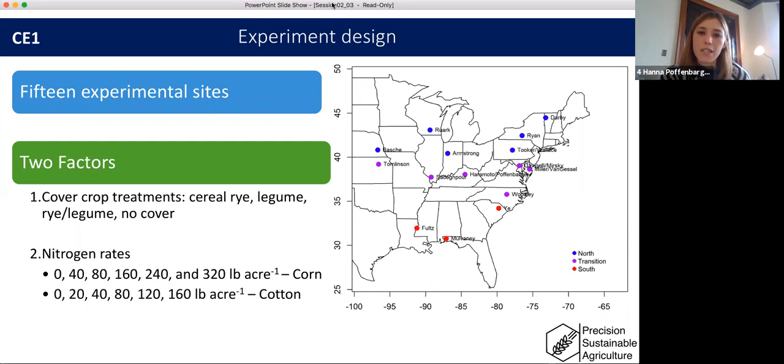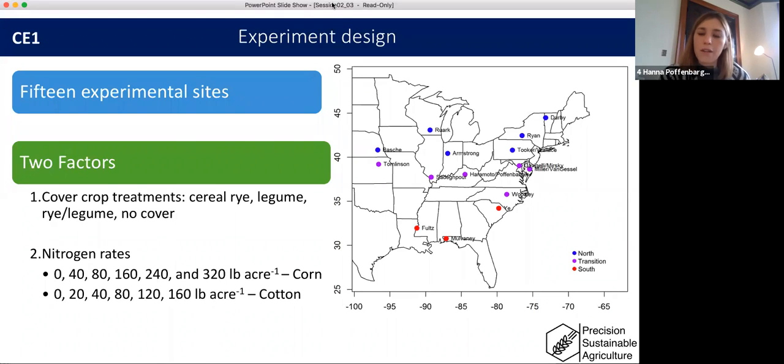The factors in this field study are cover crop treatment. We have a cereal rye, a legume, either crimson clover or hairy vetch, a rye legume mix, and no cover, and those are replicated 4 times at each location.